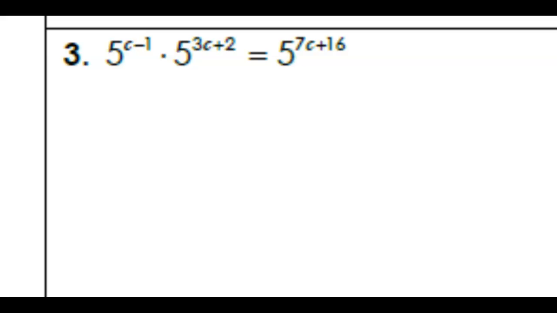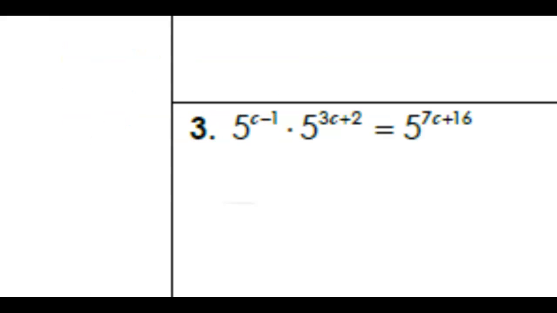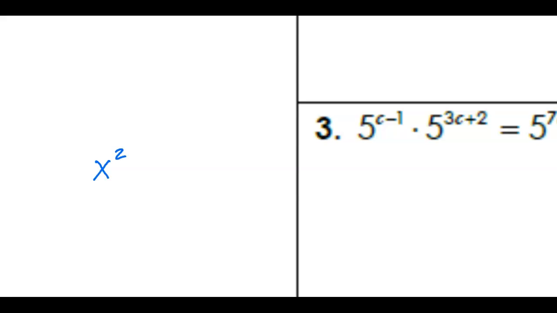So if we have 2 exponentials being multiplied, how can we condense them to be a single exponential? Add. Just like if we had x squared times x to the 4th. What do we do to condense those into a single exponential? You add the exponents to be x to the 6th.